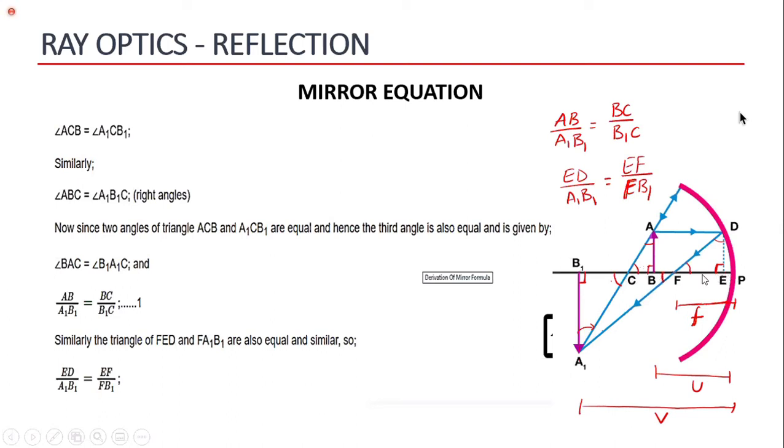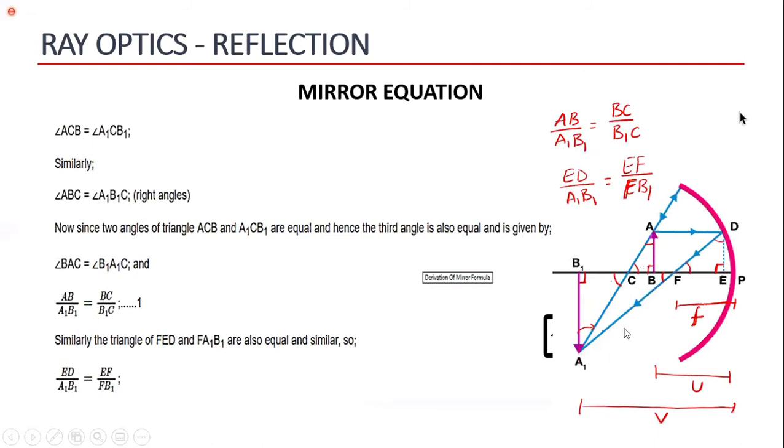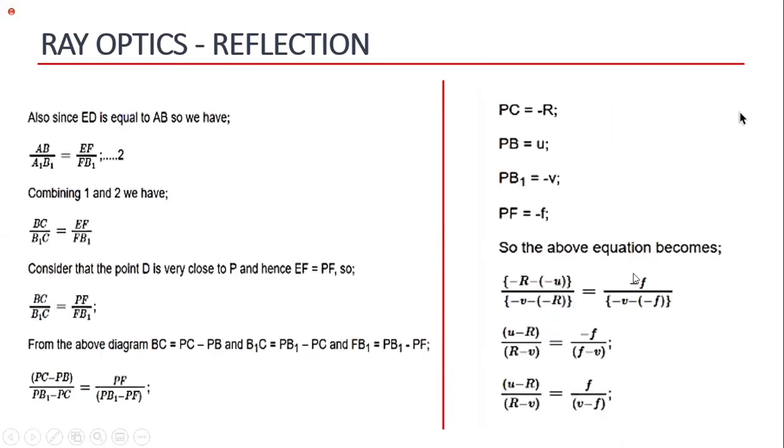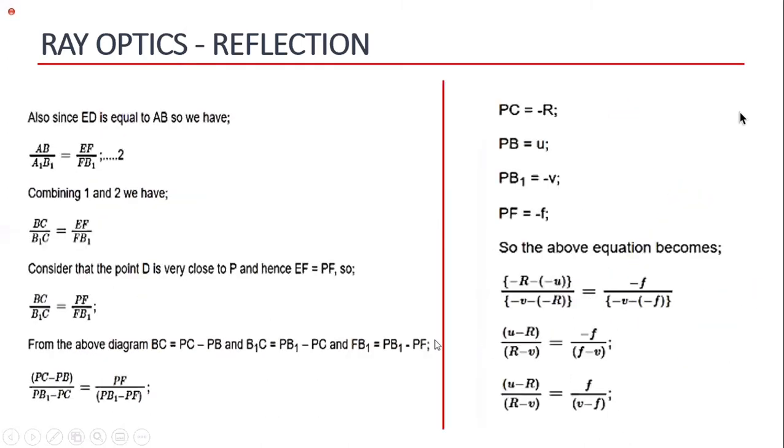PC minus PB. Yes, I want to take it like that. Then similarly, what is B1C? B1C is PB1 minus PC, and FB1 will be PB1 minus PF.